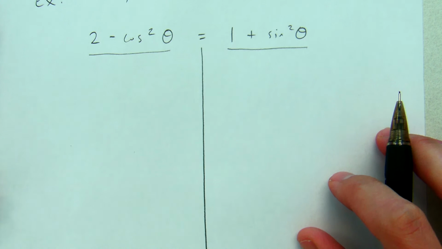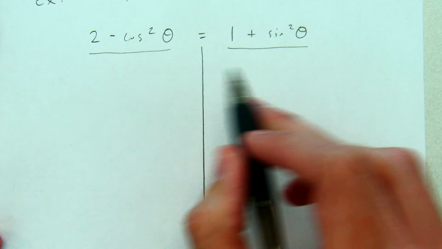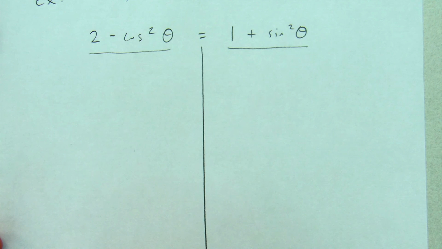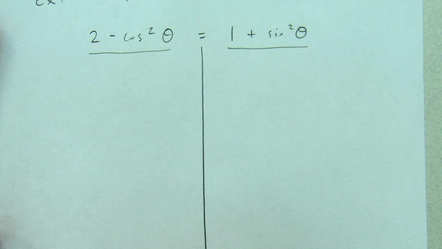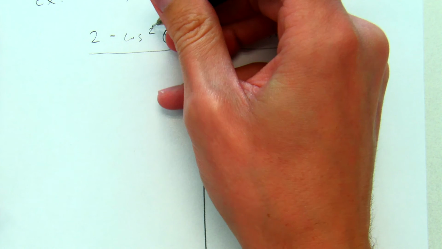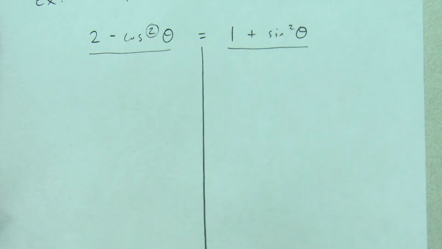So let's start. Sometimes it's difficult to know which side to start with. If one of the sides is more complicated, we usually start with that side, but these are both pretty simple, so I'm not really sure. I'm going to start with this side, 2 minus cosine squared theta. Now, I know that when I see squared trig functions, I might be able to use my trig identities.